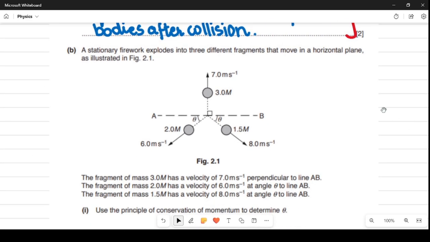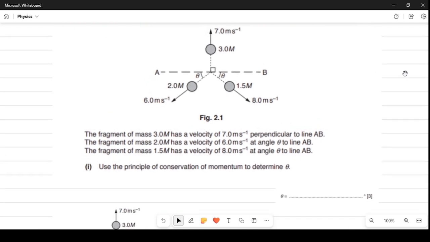Let's move on. A stationary firework explodes into three different fragments that move in a horizontal plane, right? So we have a firework and it's exploding into three different fragments, and those three fragments are in horizontal plane, above the plane, below the plane. The fragment of mass 3m has a velocity of 7 meters per second.